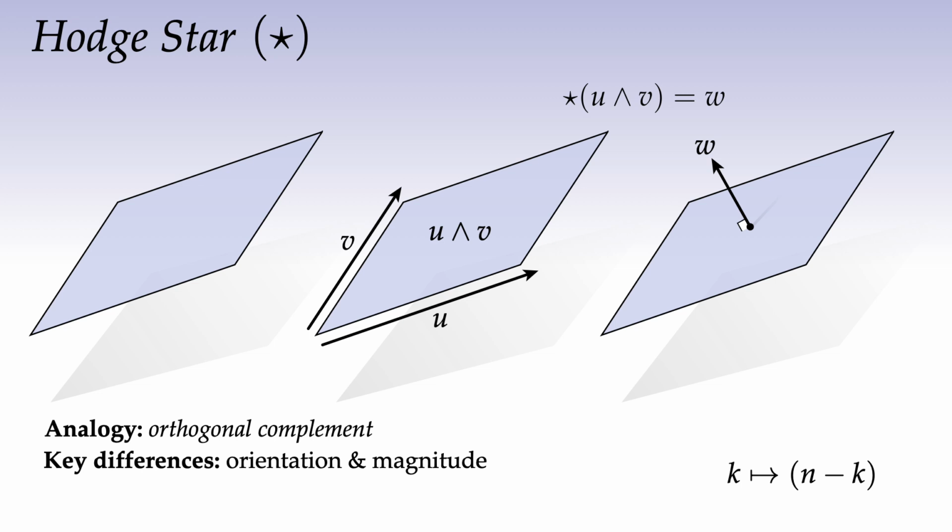And so, as we said we'll do many times in differential geometry, we have to pick a convention. And the convention here is that whenever I take a k-form z and wedge it with the Hodge star of itself, I get something that's positively oriented rather than negatively oriented. Okay, and that's enough to pin things down.